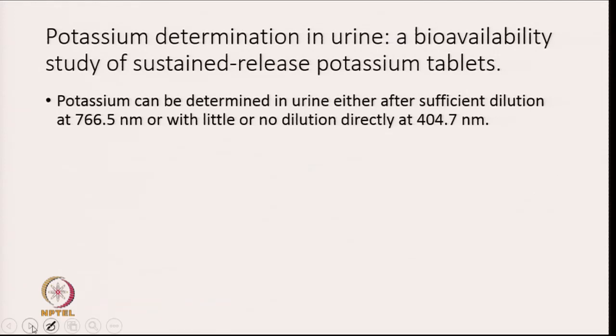Potassium can be determined in urine either after sufficient dilution at 766.5 nanometers, or with little or no dilution directly at 404.7 nanometers. So, just by looking at the absorption at different wavelengths, you can know the concentration of potassium in the urine sample.